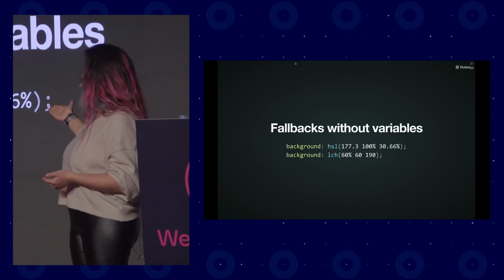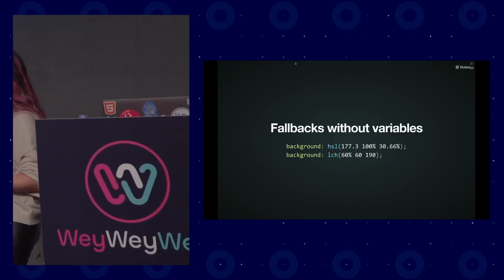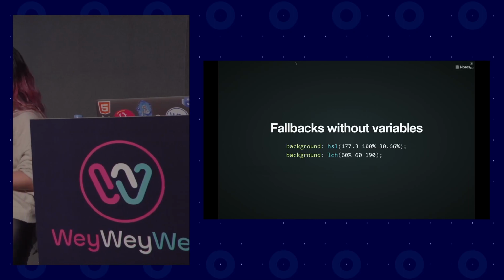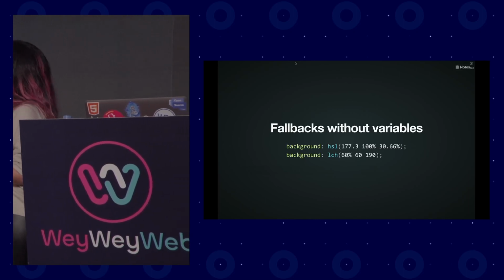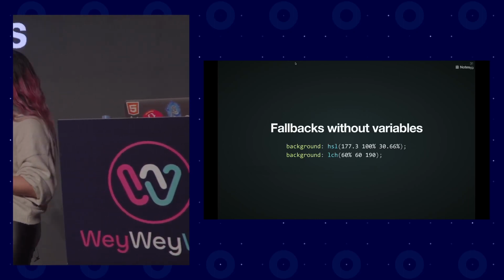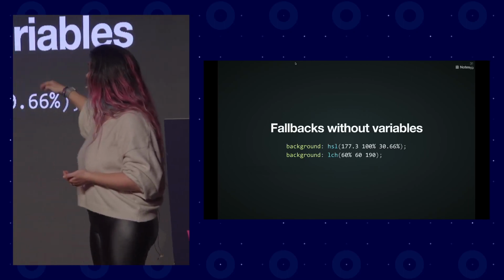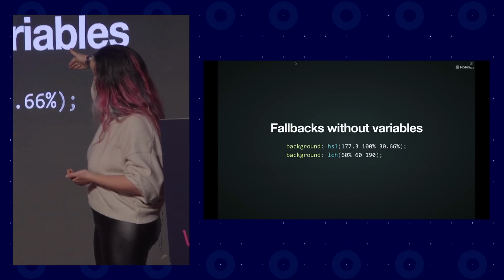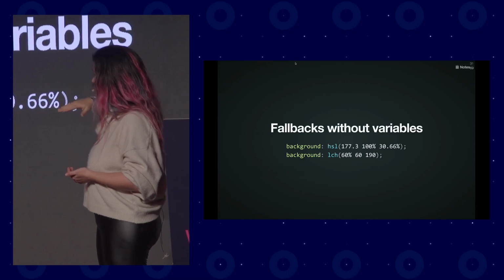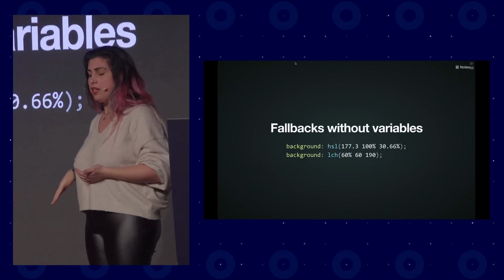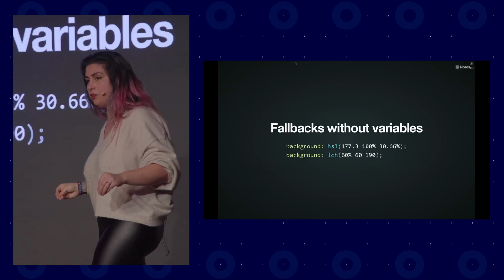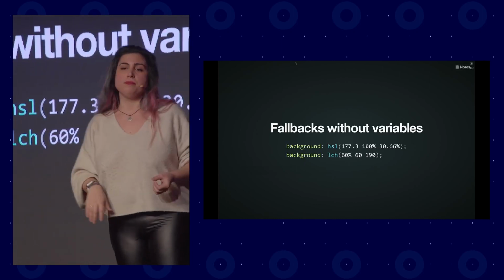So if LCH colors aren't supported, then the browser will just throw away the second background declaration and use the first one. Whereas if the browser does understand LCH colors, it will throw away the first declaration because it understands the second. And this all happens at parse time. This all happens when the browser is actually parsing the CSS code.